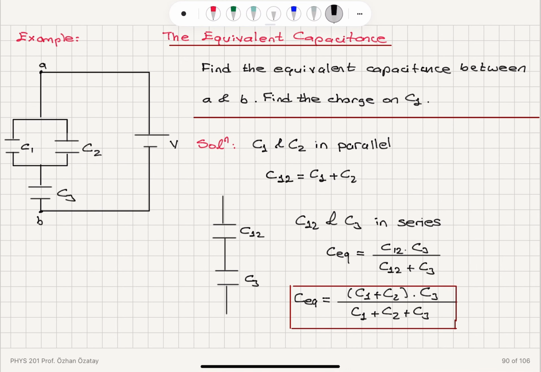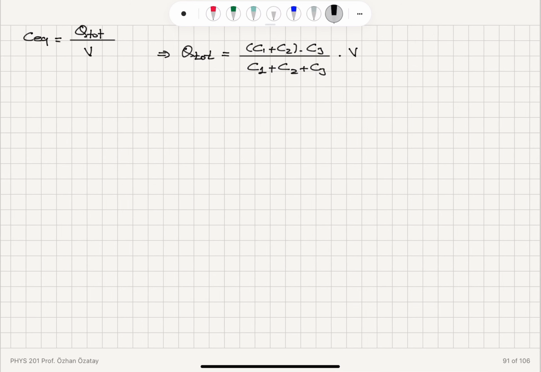Now I have these two capacitors connected in series, therefore they store the same amount of charge. So in series combination, the charge stored by C12, which is Q12, is equal to the charge stored by C3, Q3, which is the total charge, Q total.